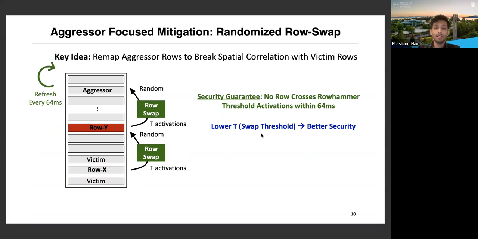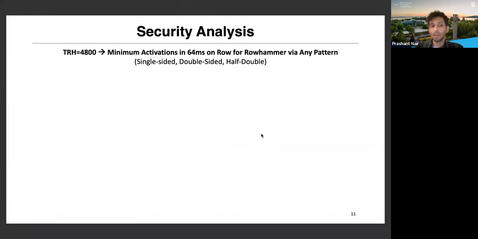So you can swap frequently and thereby ensure that no one row would actually cross the row hammer threshold. So let's say the row hammer threshold is 4800, represented by TRH. You have to figure out the minimum number of activations in 64 milliseconds on a row for row hammer via any pattern.